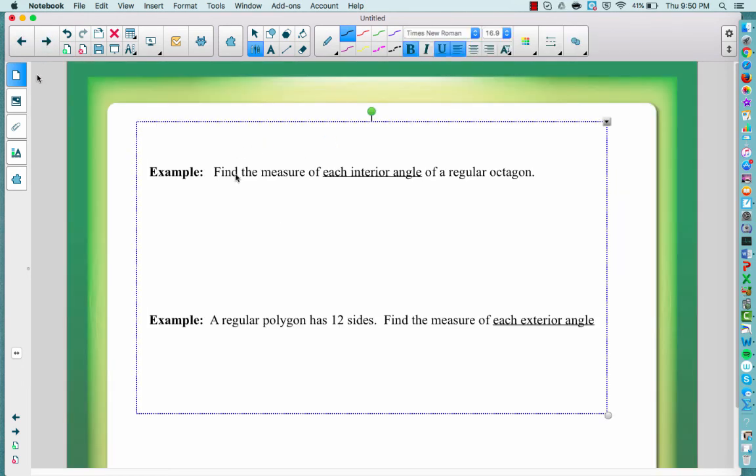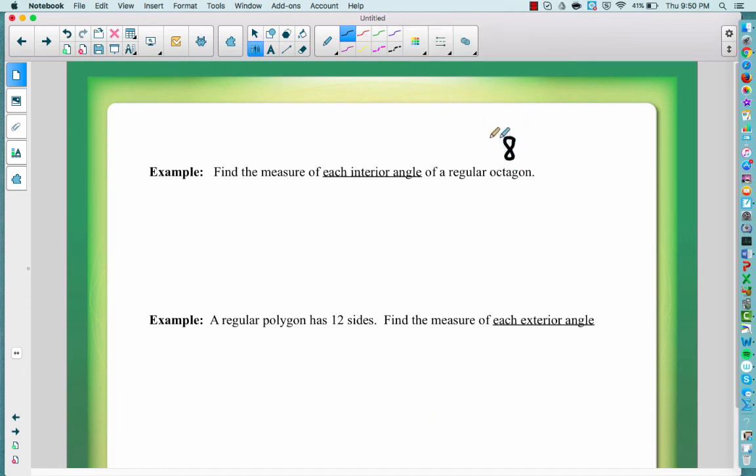And here's an example. It says, find the measure of each interior angle of a regular octagon. All right, so I know that an octagon has 8 sides. So yes, I could do n minus 2 times 180 divided by 8. Or I could do 360 divided by 8 to get each exterior angle. Okay?